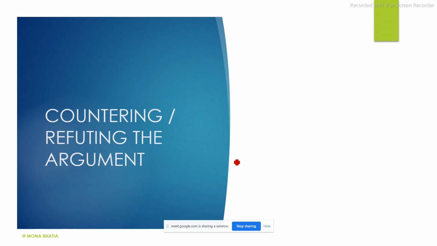While preparing an argument in favor of a proposal, it's very, very important that you see the opposite stance also. That means pros तो आप देख रहे हो, cons भी आपको देखना है. Pro arguments and con arguments are very important if you want to refute the argument or counter it. अगर आपने opposite side से सोचा ही नहीं तो you will fall flat.